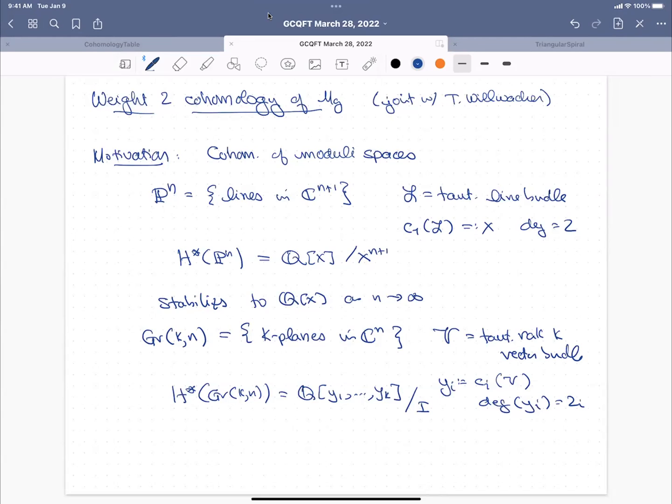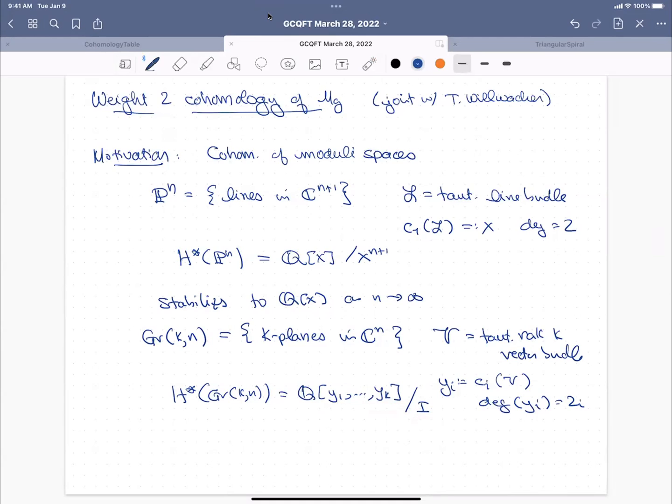And the theorem, again, is that all of the cohomology is generated by these tautological classes that obviously have to be there. And then the relations are coming from something obvious in terms of the moduli structure.